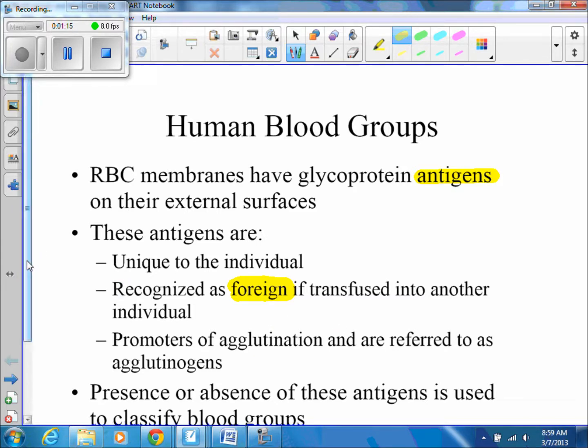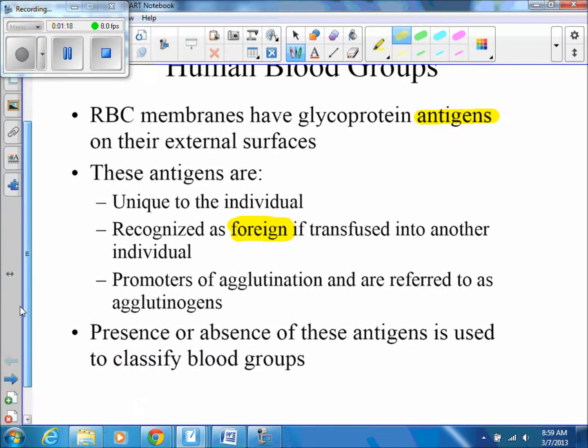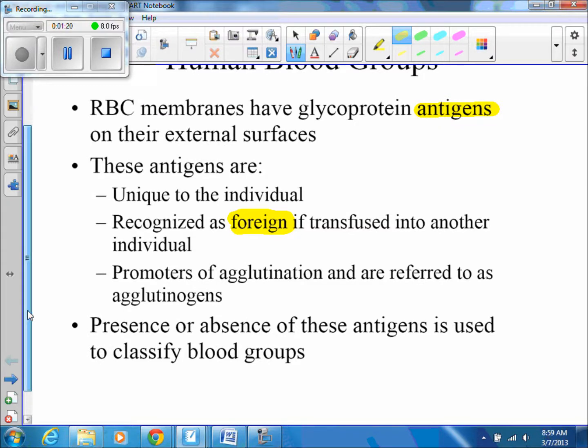Okay, so these antigens that we're talking about are unique to you. It is inherited genetically from your parents. However, your unique antigens might be different from what your parents have. These antigens, we often will use another word to refer to them, and that's agglutinogens.